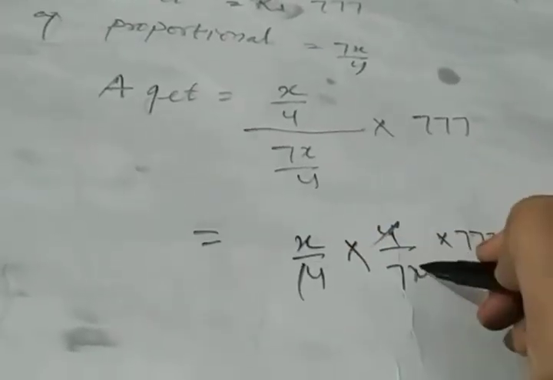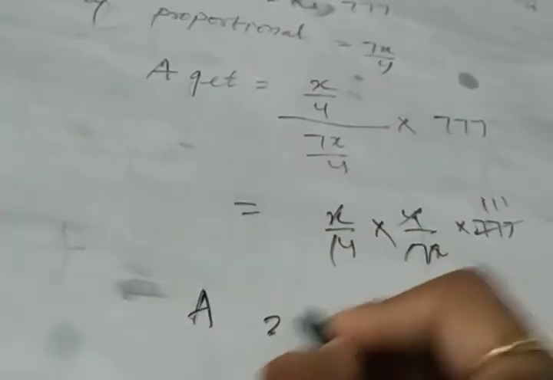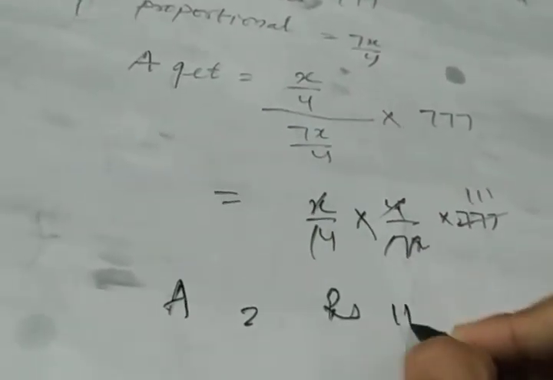We cut it, 7 ones are 7 in 777. The value of A gets rupees 111.